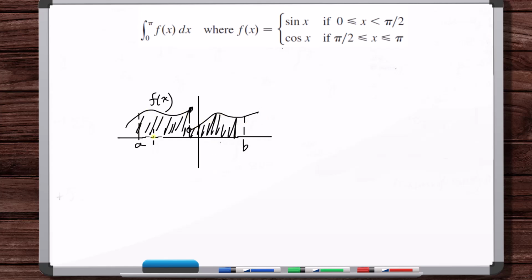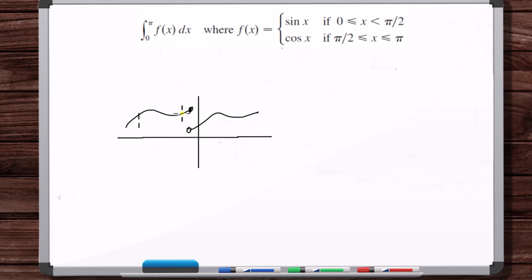You just can't evaluate this and say the antiderivative of f of x evaluated at B minus the antiderivative evaluated at A. You would have to break this up. So if this is C, you'd first evaluate this definite integral and then add that to this definite integral, because in that case you have two separate definite integrals where the function is continuous across the entire interval.